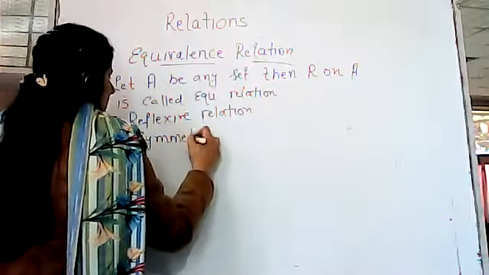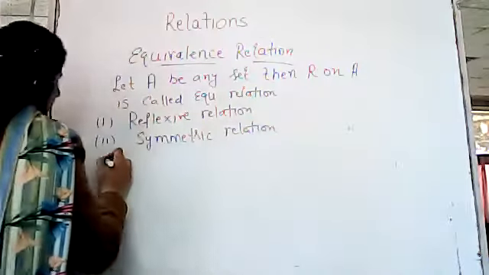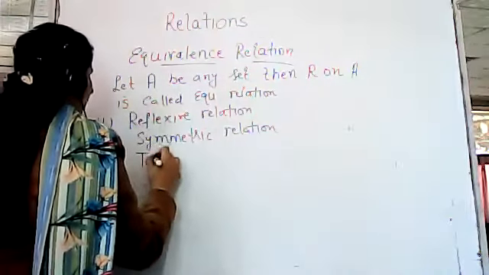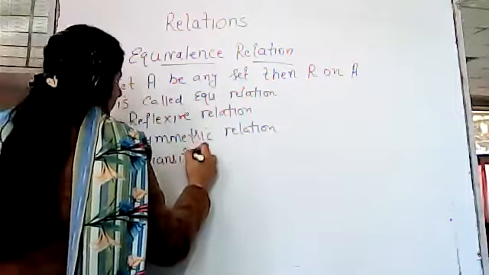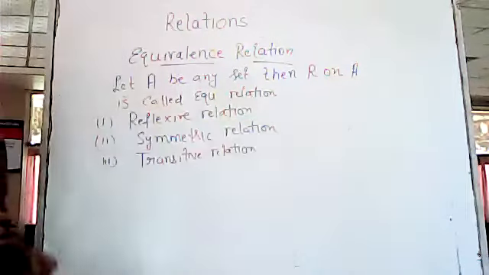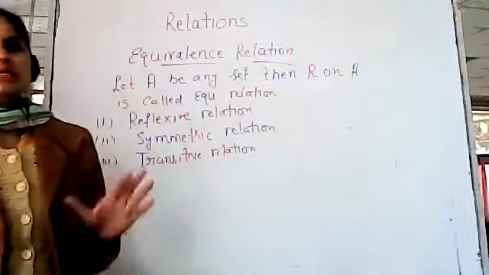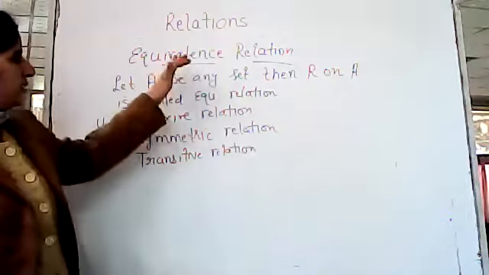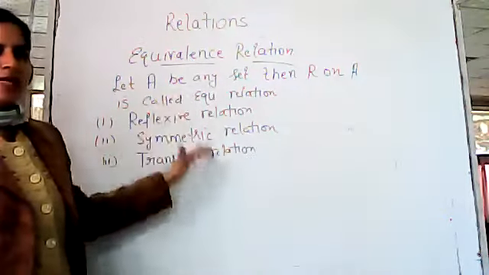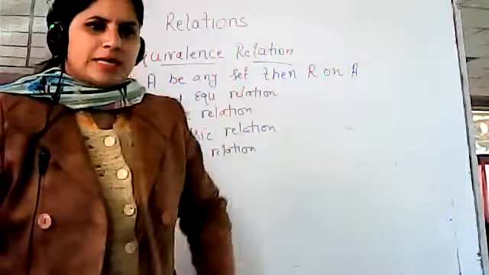It must be a symmetric relation. And what is the last condition? The relation must also be a transitive relation. So if these three properties are satisfied, then you can say the given relation is an equivalence relation. So these three properties define equivalence relation.